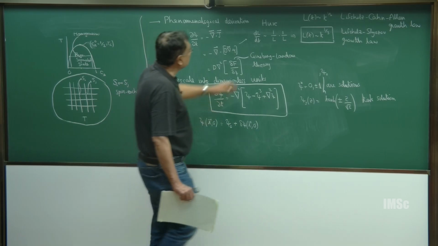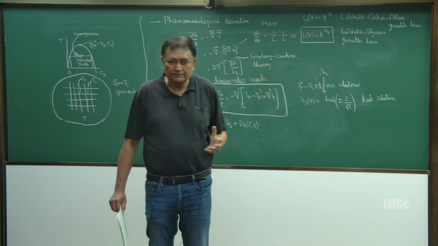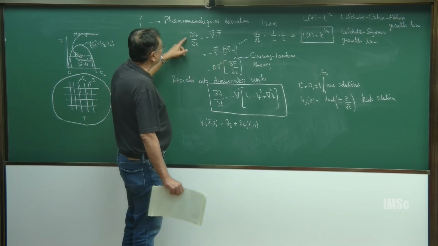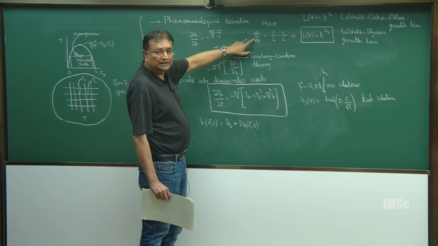So Hughes generalized the argument by coming up with this hand-waving scaling argument, and the scaling argument is simply that you do dimensional analysis on this equation. The left hand side is dL by dt.